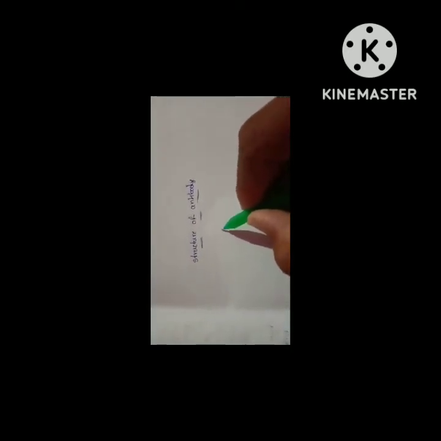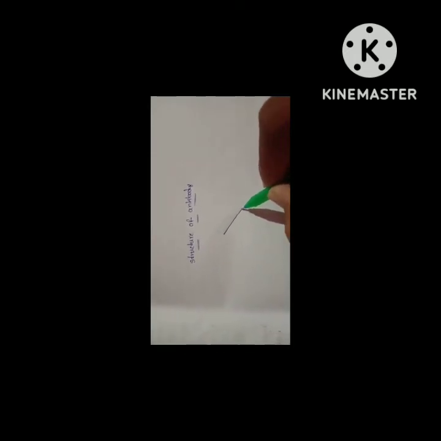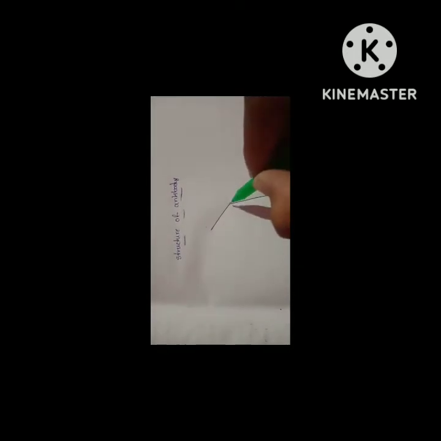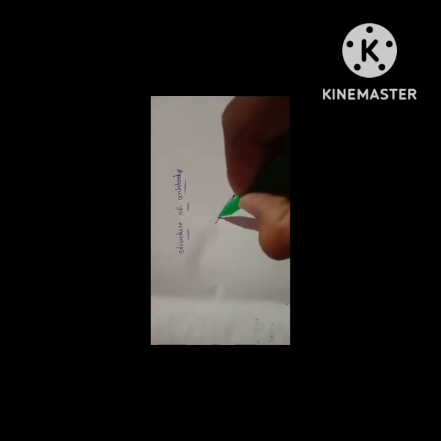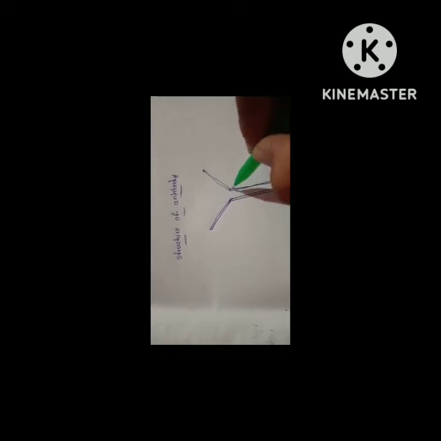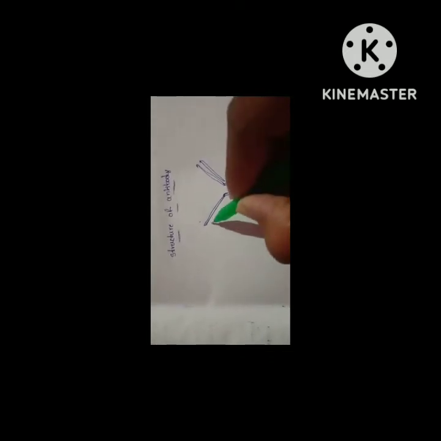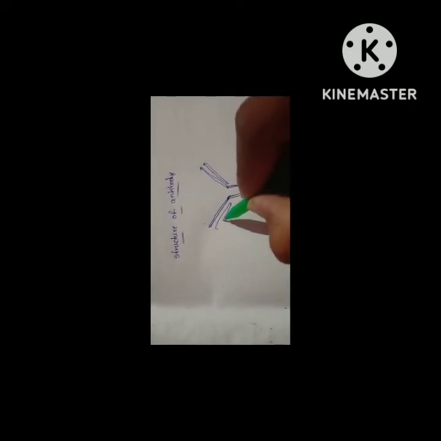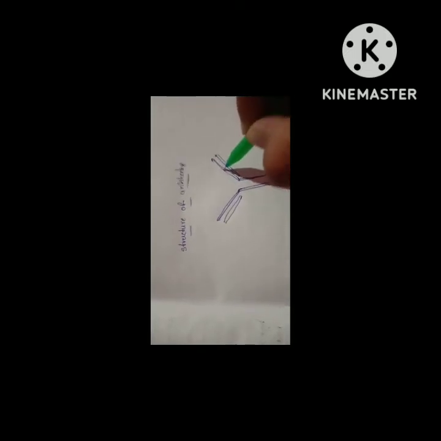The structure of an antibody consists of a Y-shaped molecule. These two are called heavy chains, and these are called light chains. The light chain and heavy chains bind each other by disulfide bridges.